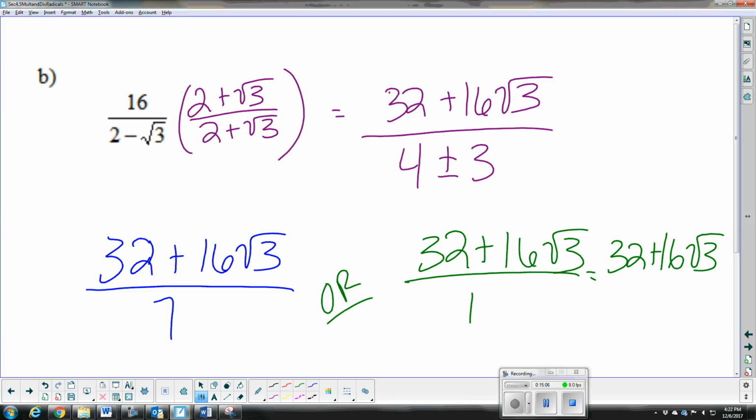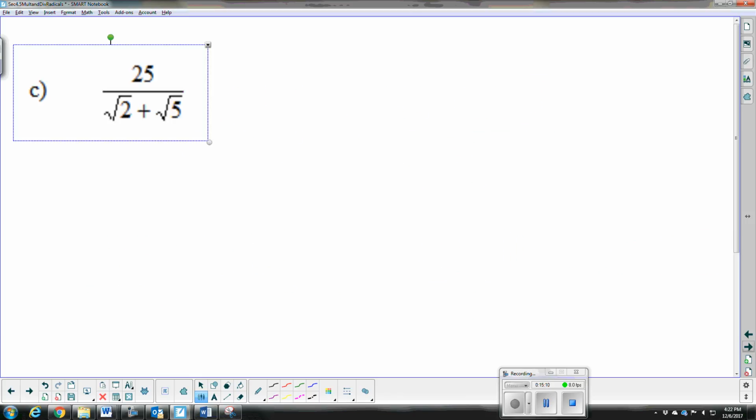All right, and then finally, let's look at the last problem. Example C. So 25 divided by the square root of 2 plus the square root of 5. Again, we're adding or subtracting. In this case, we're adding. We are adding radicals, taking the sum of the two radicals.